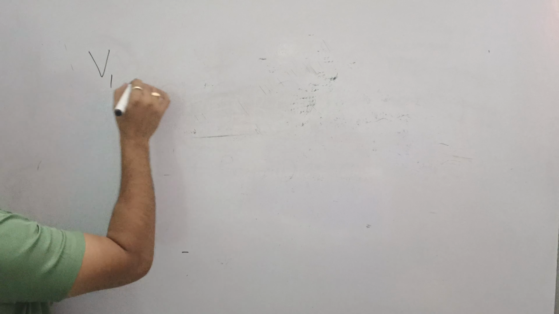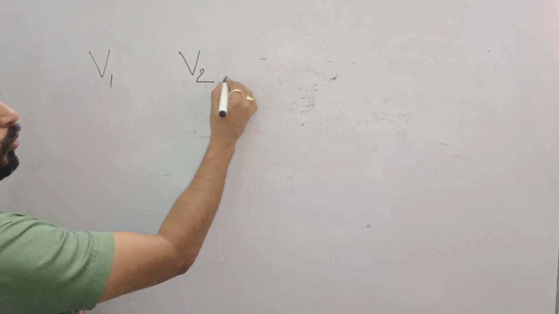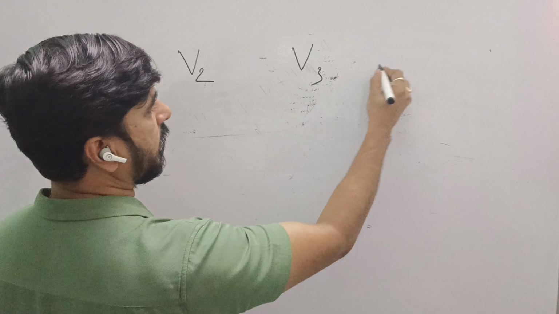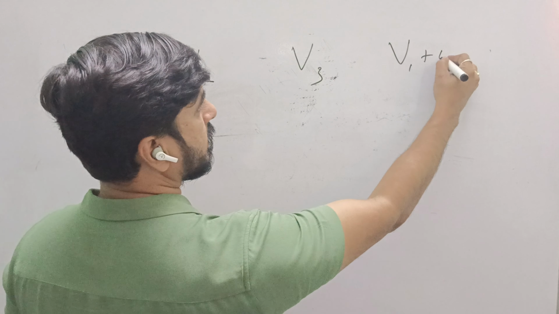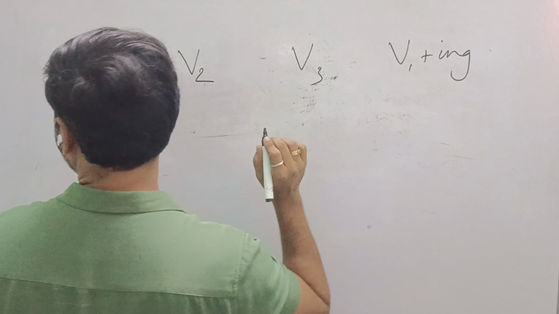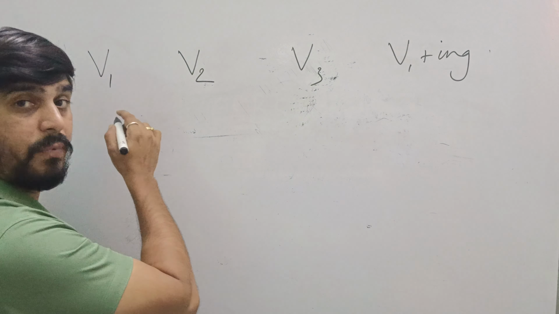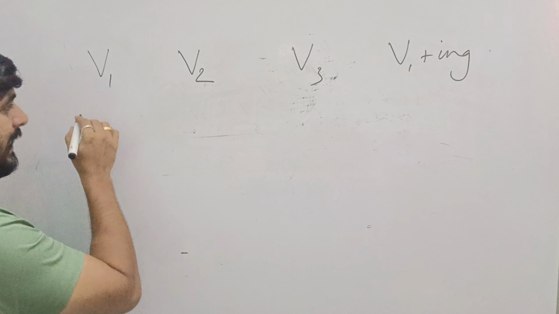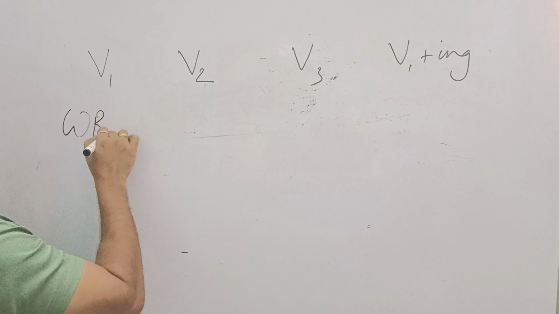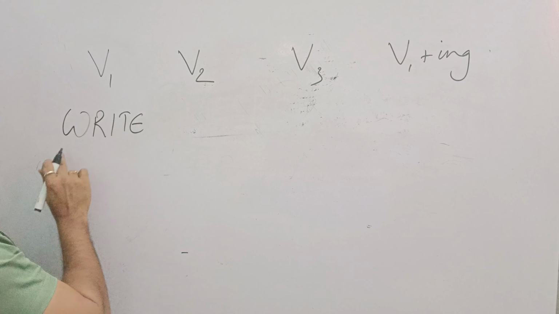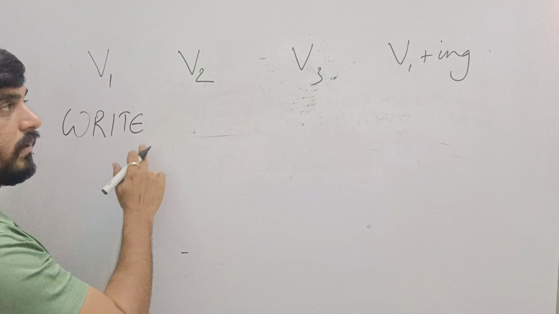It's V1, V2, V3, V1 plus ing. Verb V1 means present tense, that is the word write.